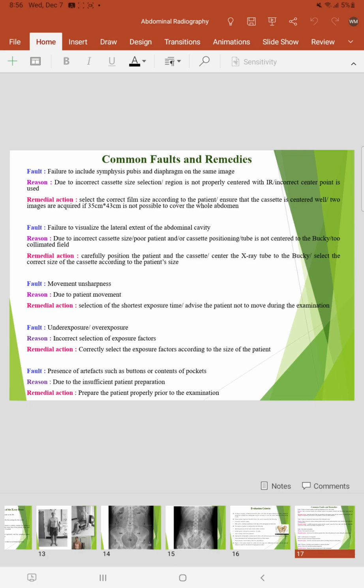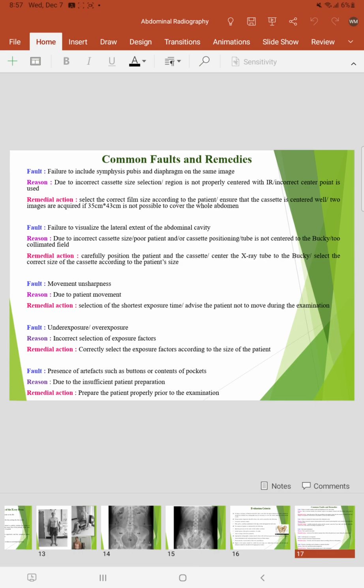Common faults and remedies. First fault: failure to include symphysis pubis and diaphragm on the same image. Reason: incorrect cassette size selection, region not properly centered with image receptor, or incorrect center point used.